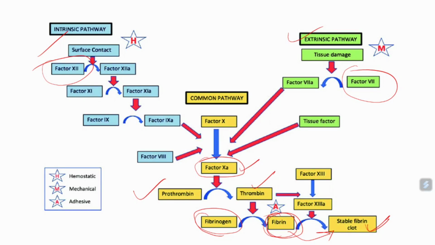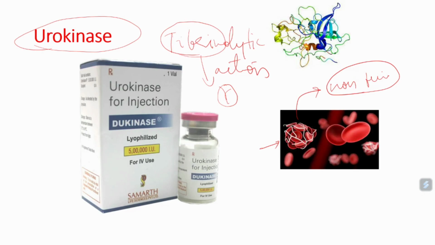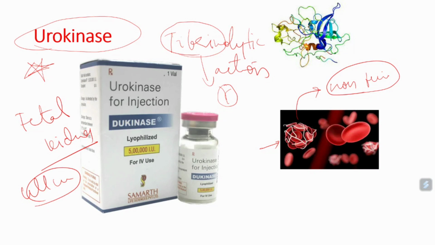These fibrins are broken down by fibrinolytics, and urokinase is the best example of this fibrinolytic action. Urokinase is mainly obtained from fetal kidney cell culture, and it has fibrinolytic action, as we already discussed.